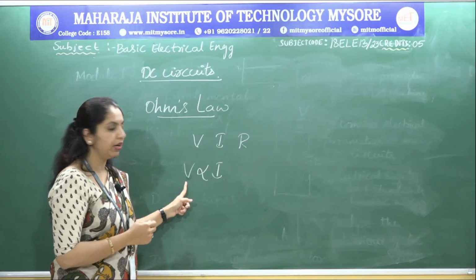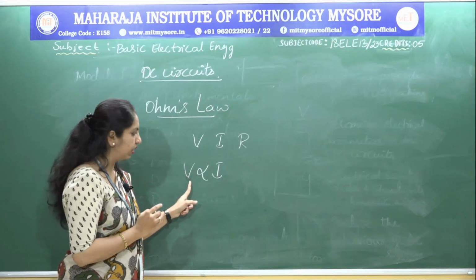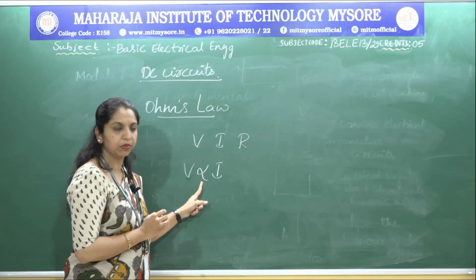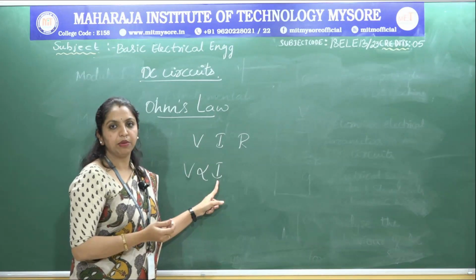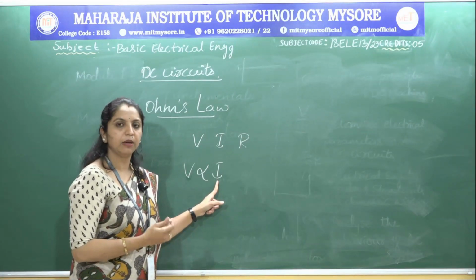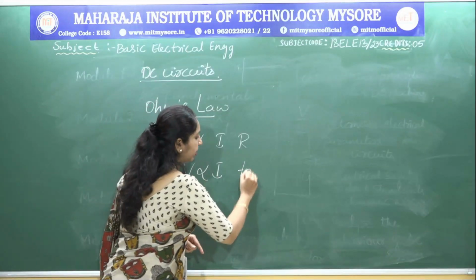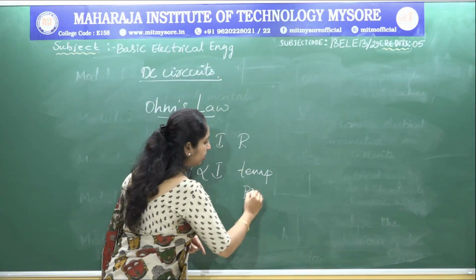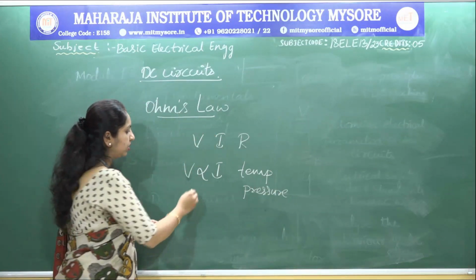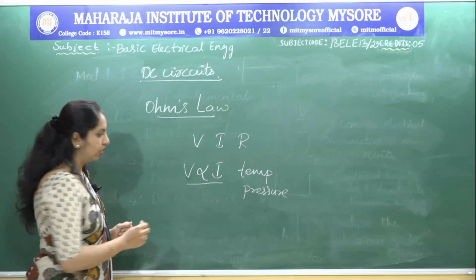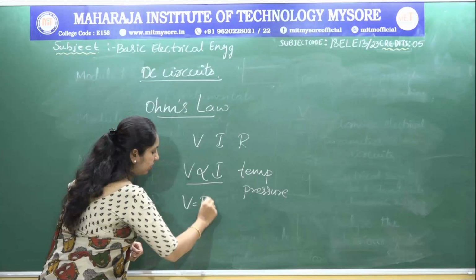Let me repeat, the potential difference between 2 points of a conductor is directly proportional to the current passing through the conductor, keeping the physical parameters constant, physical parameters like temperature, pressure, etc. This is the statement of Ohm's Law. Now this proportionality is replaced by a constant which is R.